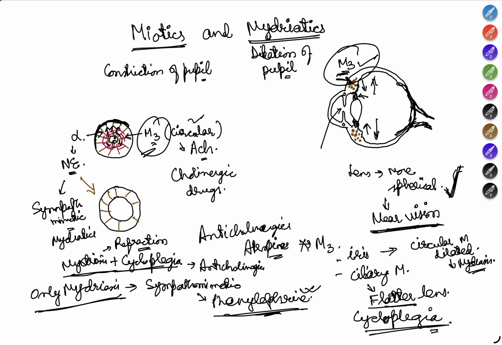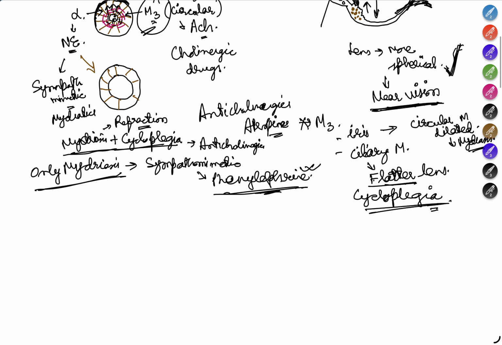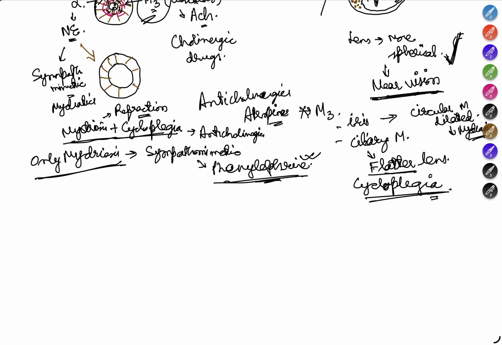Okay, so that is about mydriasis and mydriatics. I'll tell you one more thing regarding this. In case of atropine or anticholinergics, the mydriasis is what we call passive mydriasis. The reason being, here we are not contracting a muscle, we are relaxing a muscle. Okay, so there is a relaxation of this circular muscle.